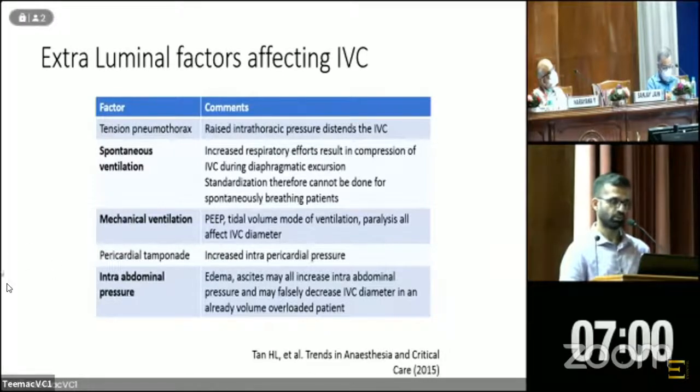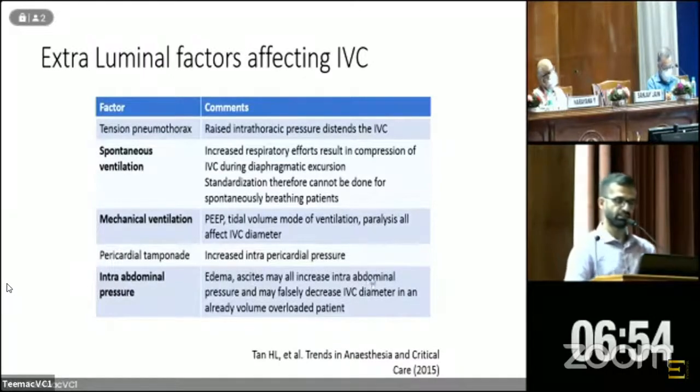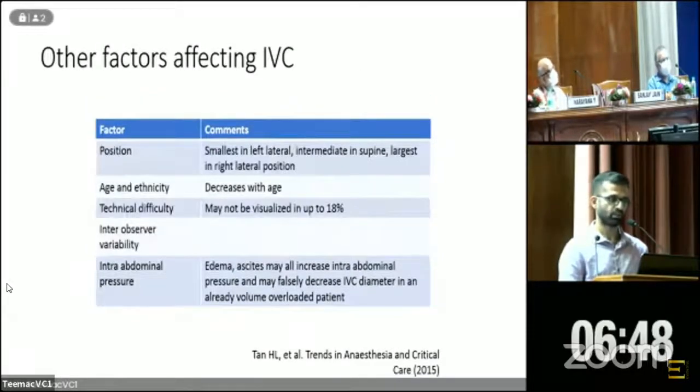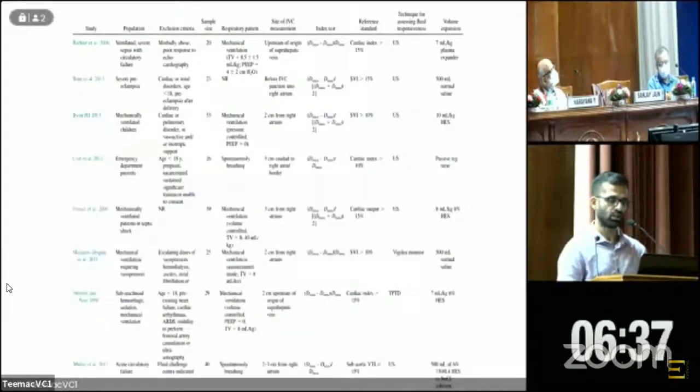And more importantly, in the setting of tense ascites or edema due to fluid overload, the IVC may be falsely collapsed because of external pressure from raised intra-abdominal pressure. Apart from these factors, obese patients, poor visualization of the IVC, and inter-observer variability need to be considered before we interpret IVC diameters.